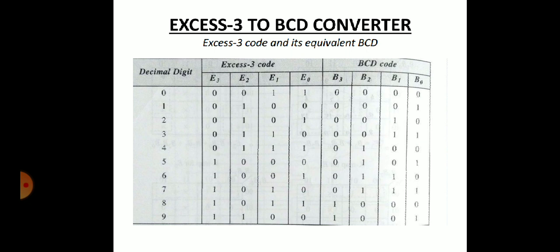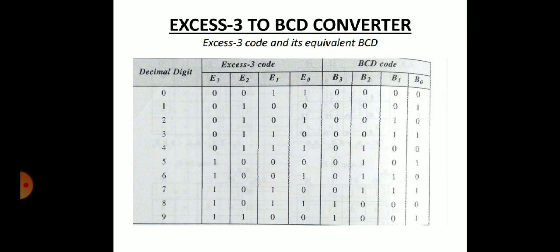Now just the reverse, that is the XS3 to BCD converter. Basically, first the column of decimal digit, then the XS3 code, then the BCD code. Basically this decimal digit represents the BCD code. So first XS3 is 0011, so its value is 3.